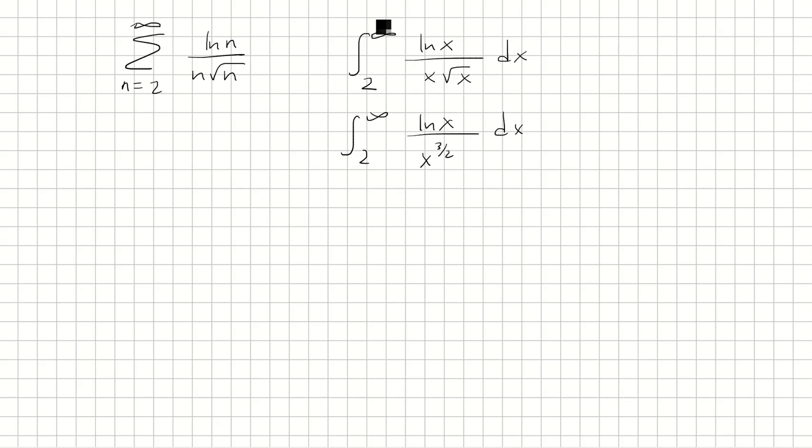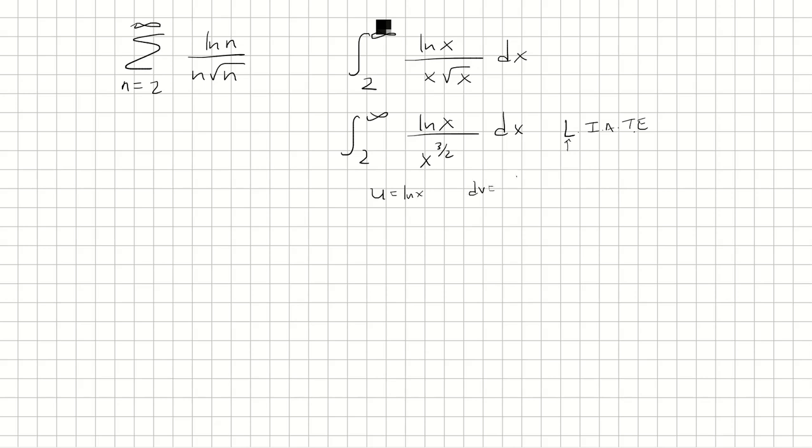And then from here, I'm going to use integration by parts, and we're going to use the acronym LIATE. So this will be the choice of u. The first letter here stands for logarithm, so that's going to be the natural log, and then dv will just be the rest.